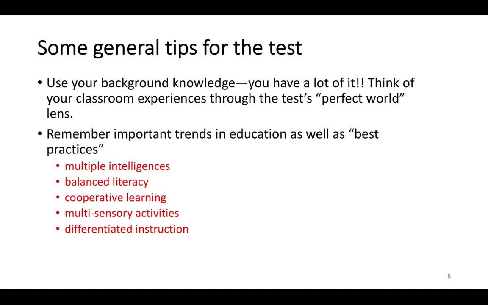When we talk about the test too, we also really like answers that have to do with cooperative learning. If you think about cooperative learning, what that really involves is students working together to come to their learning and to come to answers together, right? So think of small groups at tables working on problem solving together. When students do this, they're going to be learning from their peers, which we like on the test.